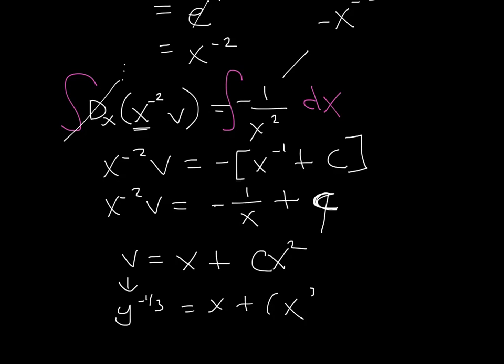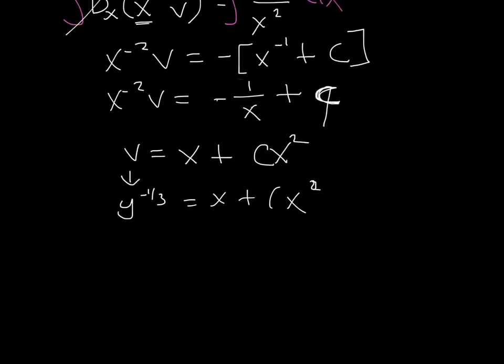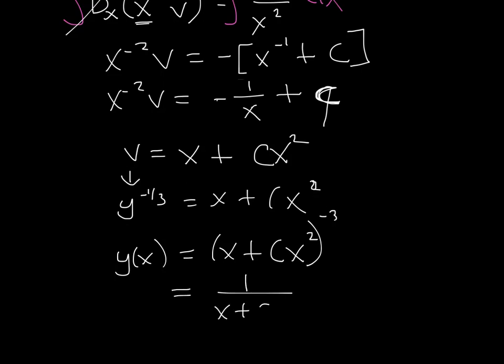And almost done here. That's squared. We want to solve for y, or y of x. So I'm going to raise both sides to the 3rd power. So x plus c x squared, all to the negative 3rd power. And then finally, this is just using algebra. That's cubed. All right, that is the solution.